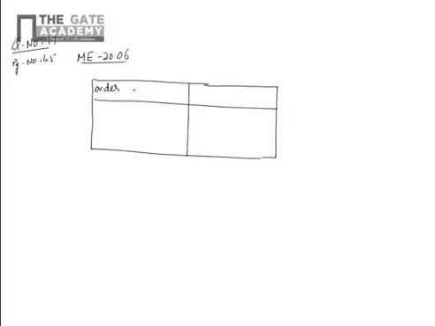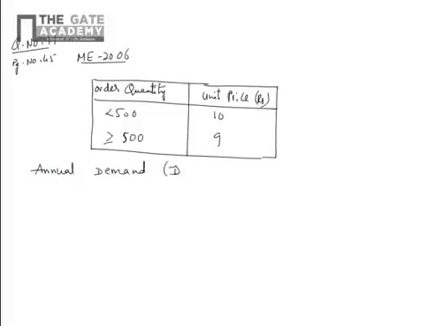Order quantity: less than 500, and greater than or equal to 500. Unit price: so it is a discount model, 10 and 9. Data is given as annual demand D equal to 2500 units per year.